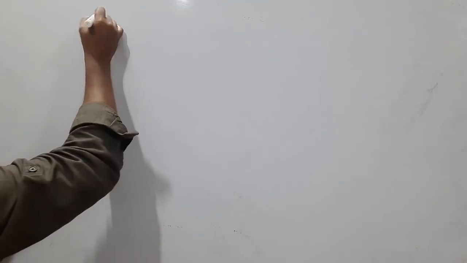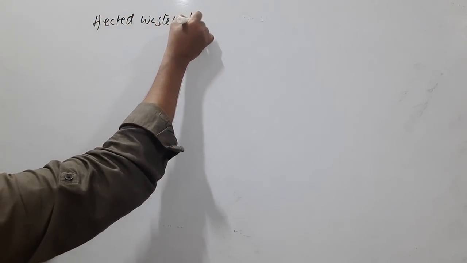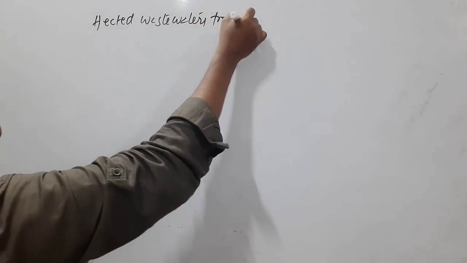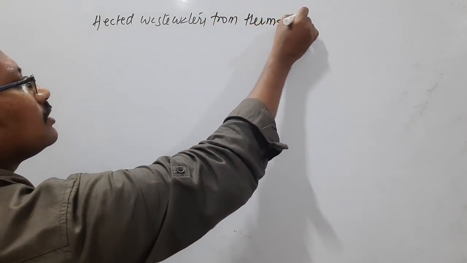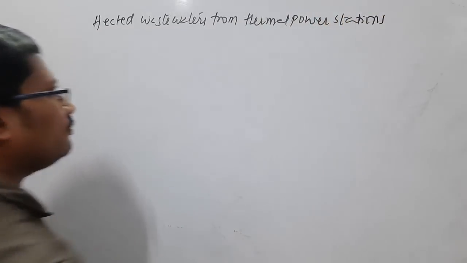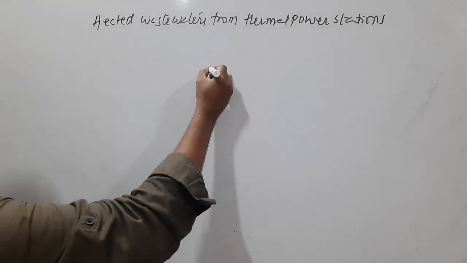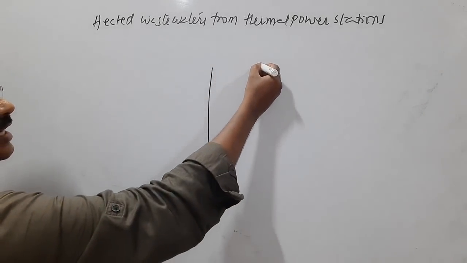Now, one more problem is the release of heated wastewaters from thermal power stations. Usually these thermal power stations are constructed near a water body. Say in this case we take a river.